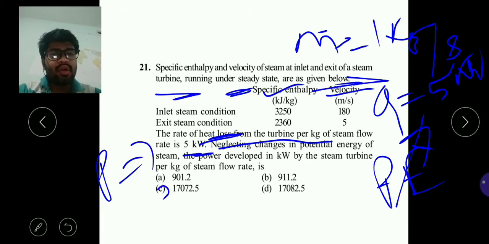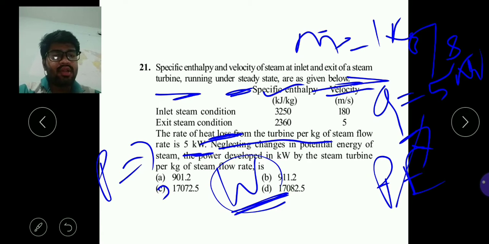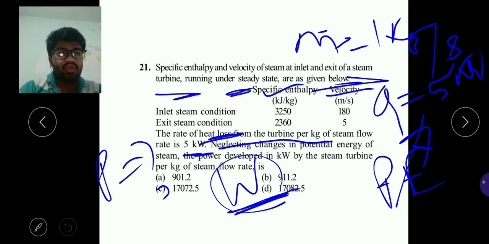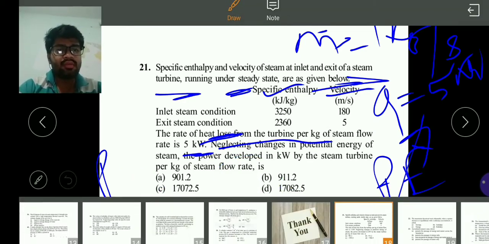Power here means power in terms of work. If we can find the work, then dividing by 60 we can calculate power. Let us try to solve this one.